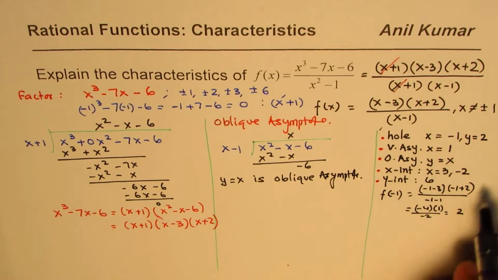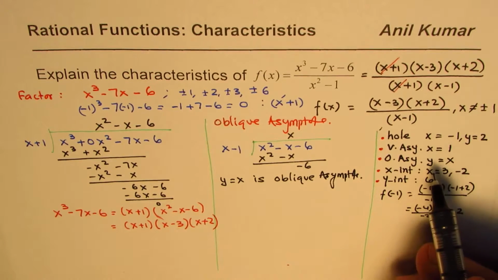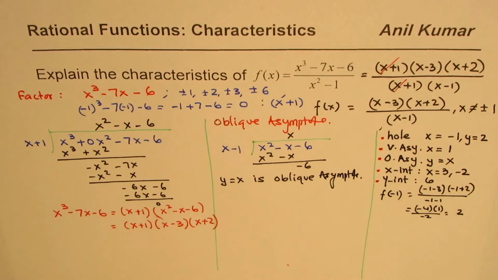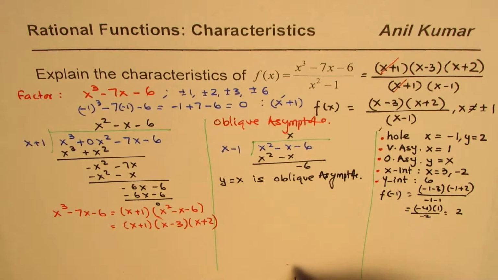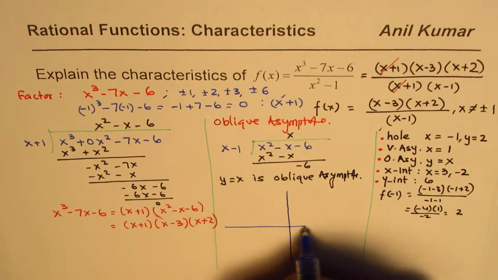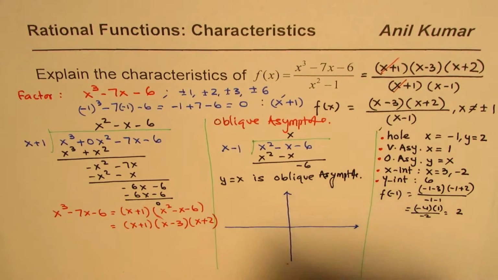With all this information, we can actually sketch the graph and then write further characteristics of this function. So let me show you how. Let me do it right here in the center. We are not going by scale since we have very limited space here.